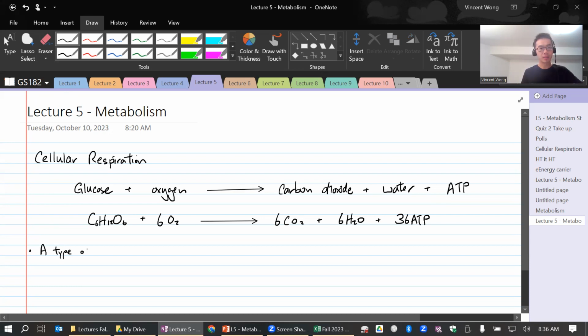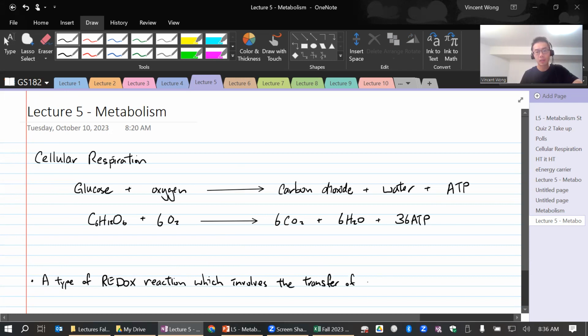A redox reaction involves the transfer of electrons from one reactant to another.